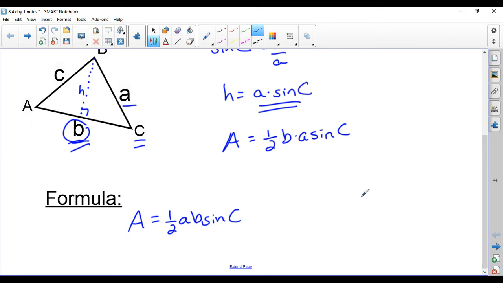So we also could write this as 1/2 AC sine B, or 1/2 BC sine A. It's always two sides and then the sine of the angle between them. And not every triangle is A, B, and C. So just choose the letters, two side lengths, sine of the angle between them.